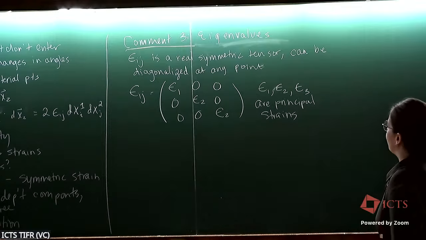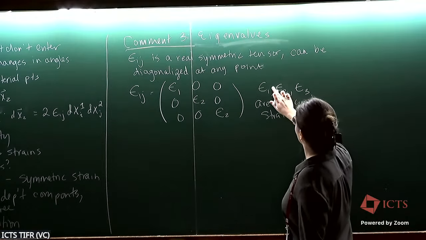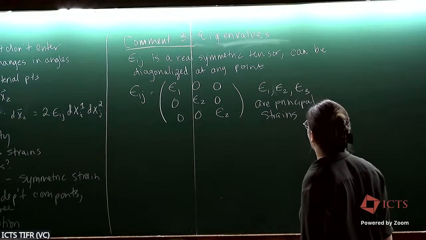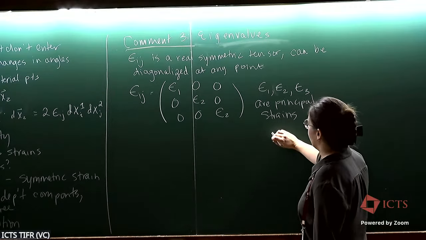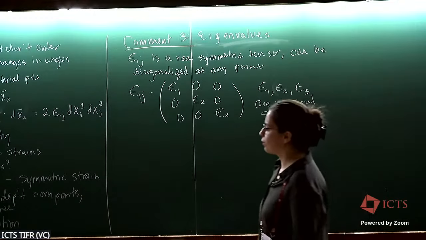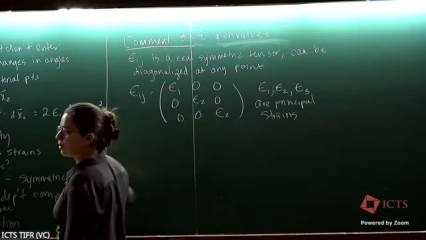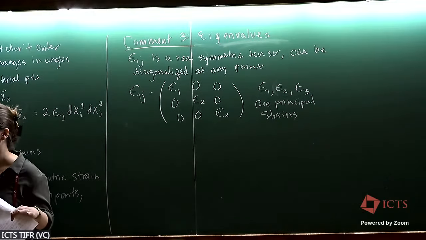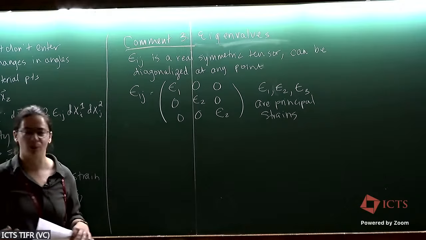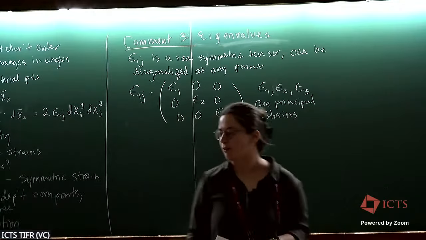This can be useful for a number of reasons. The place that I see this show up the most in my research is when I'm trying to visualize a deformation. I think this can be a really powerful way to visualize a complex deformation.